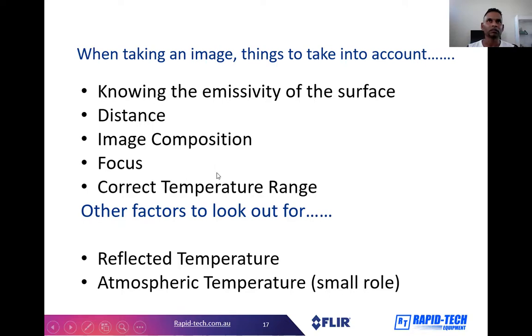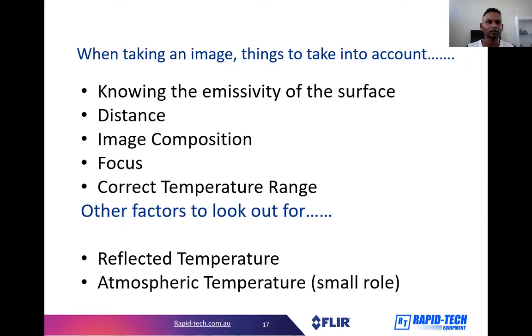Image composition and focus are very important, because if a camera is out of focus, your temperature value can be out by 3 or 4 degrees. But even if you're doing qualitative analysis, focus is also important. Then the correct temperature range, making sure you set the correct range and you're not getting saturated colors.